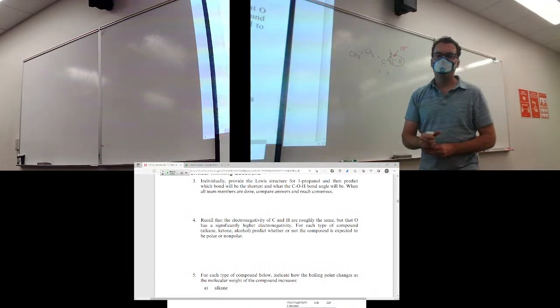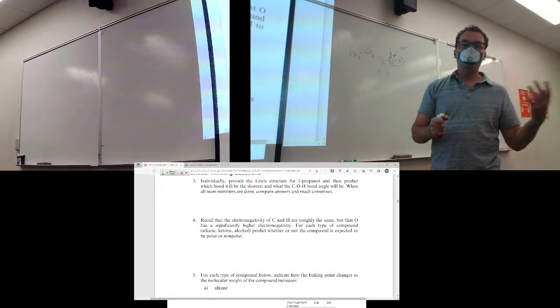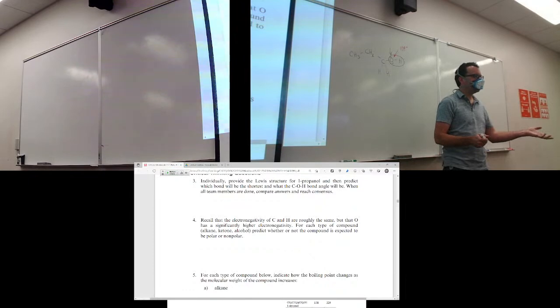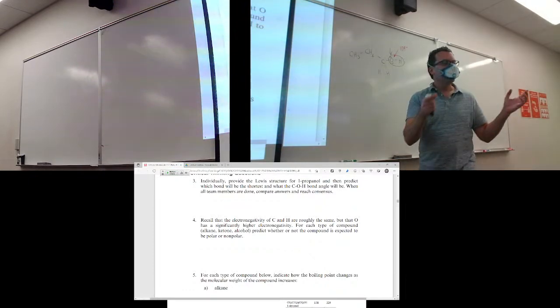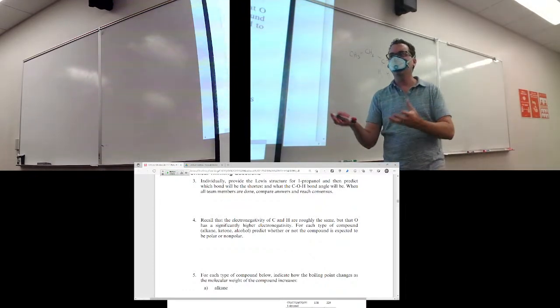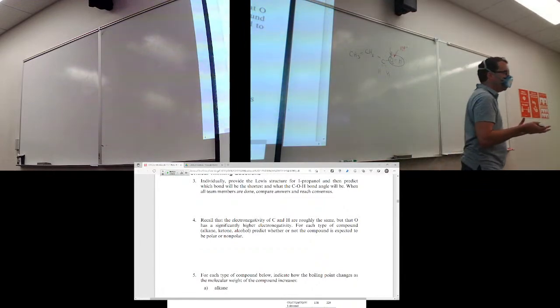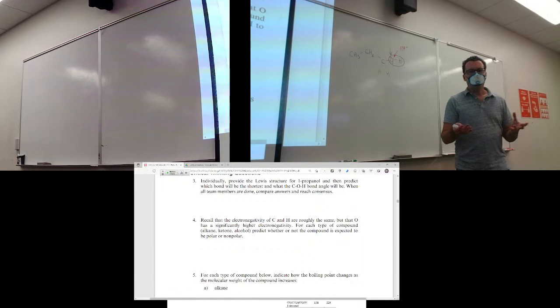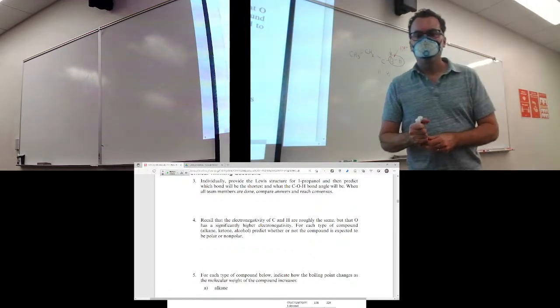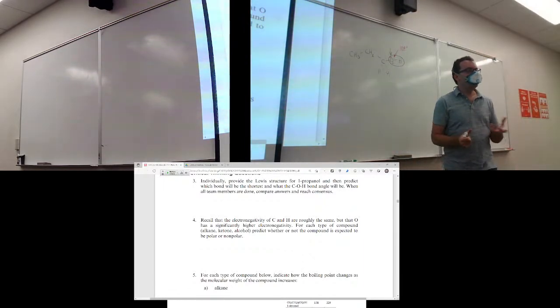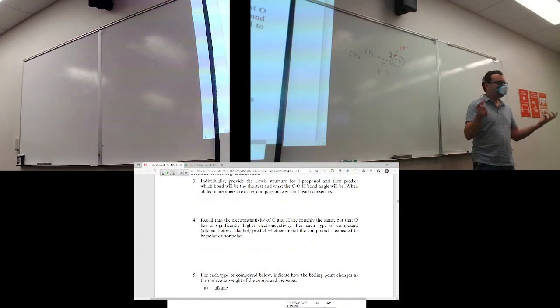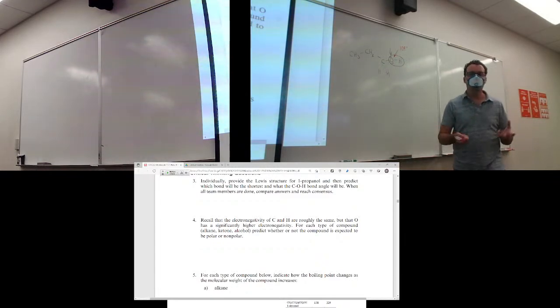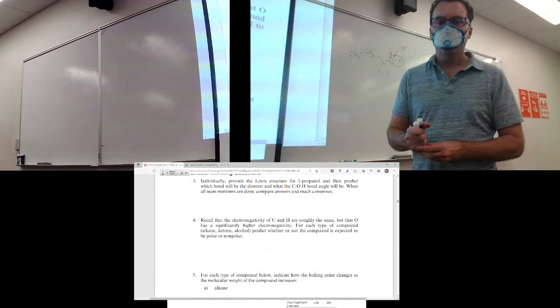So recall that the electronegativity of carbon and hydrogen are roughly the same. So 2.1 for hydrogen, 2.5 or so for carbon. They're different, but in chemistry we think they're close enough to be relatively similar. And so they're going to make nonpolar bonds. Carbon-hydrogen is a nonpolar bond, according to most chemists, okay?